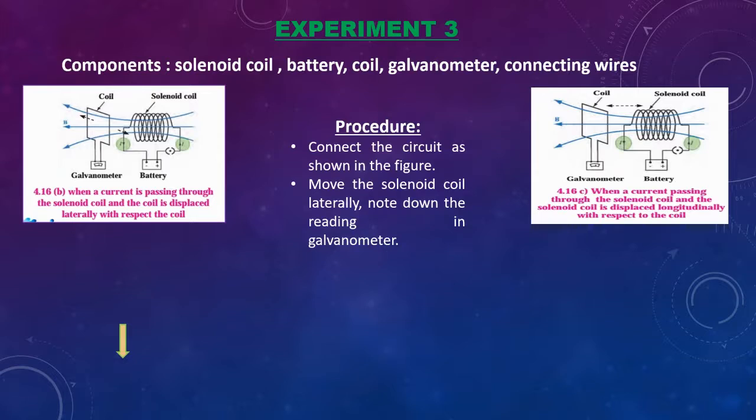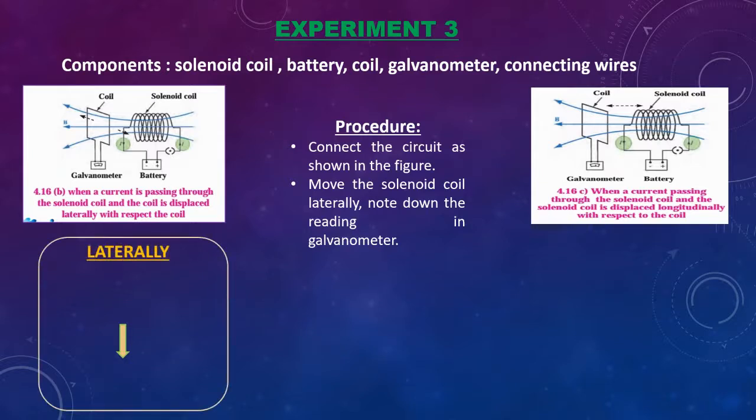Like in the previous experiments, this solenoid coil and the other coil were fixed. Now we have to move the solenoid coil with respect to the coil which is placed adjacent to it, and we have to move it laterally, that is in up and down position, and then note down the reading in the galvanometer.